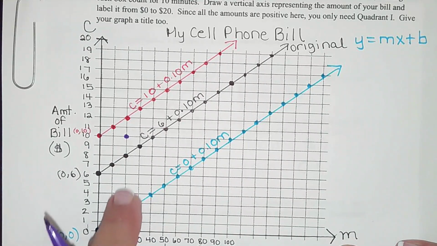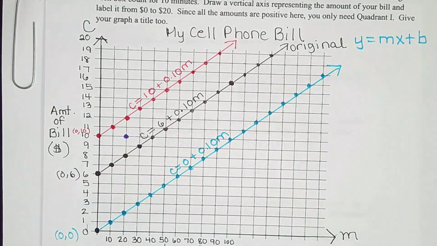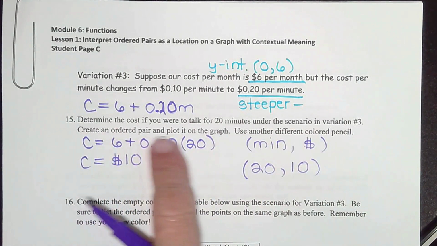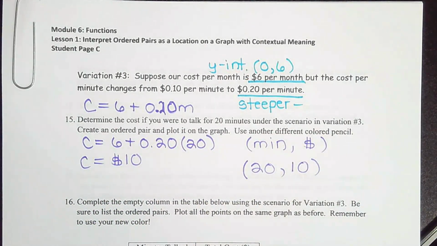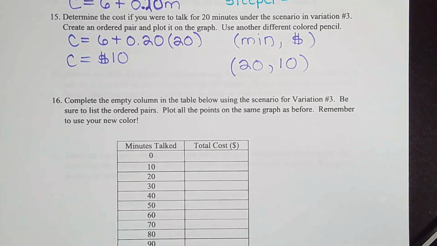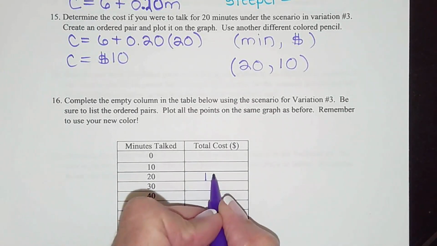So (20, 10). Okay, did we do everything? Create an ordered pair, yep. Graph it, yep. Used a different color. Done. So now we can put 20, 10 in here.